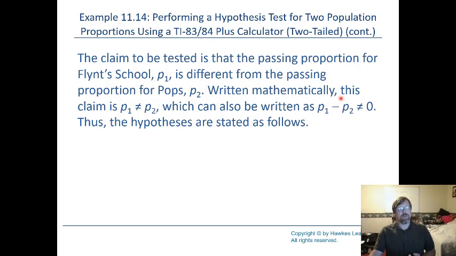You can bring the proportions all to the same side and claim that the difference between the proportions is not equal to 0. So to put these in the form we're used to seeing, we've got the null hypothesis that the difference between the proportions is 0, and the research hypothesis that the difference between the proportions is not 0.